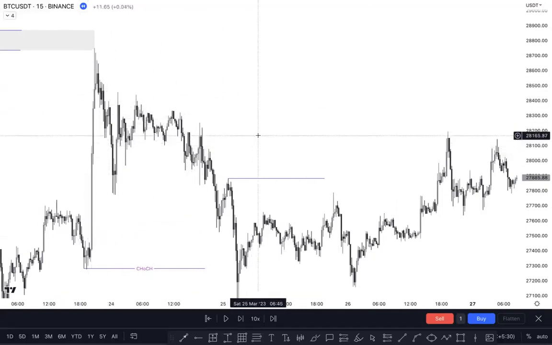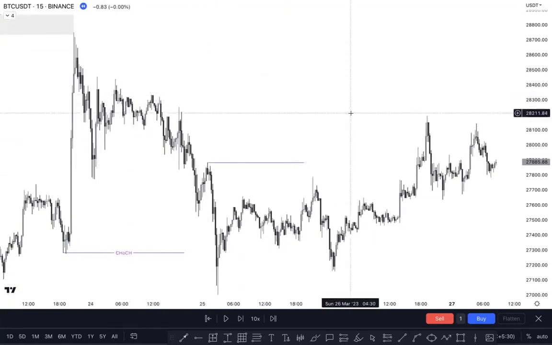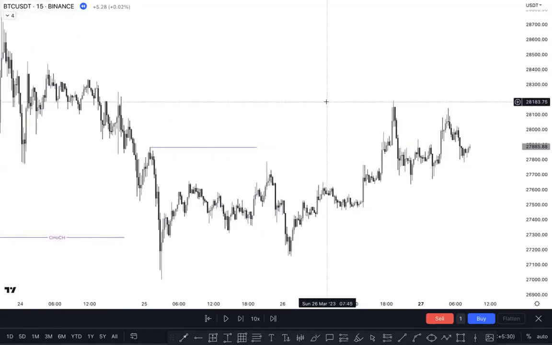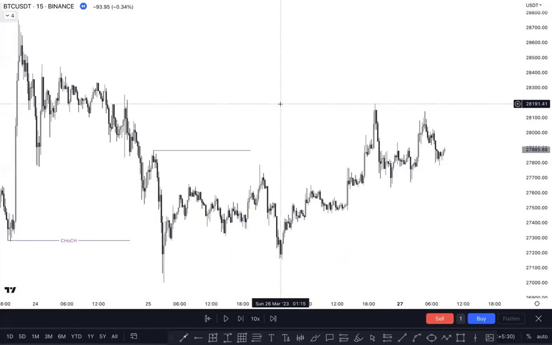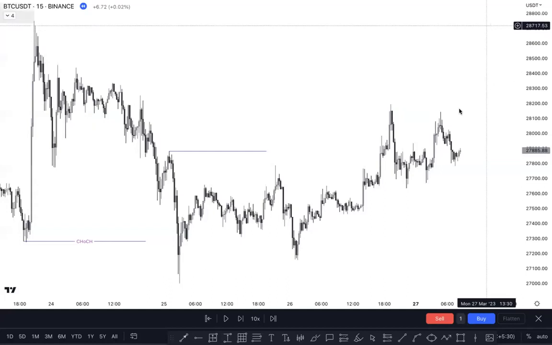Look at this picture here. Everything is mitigated here. In this case, you can see here, there is no unmitigated order block or anything. Everything is mitigated here. So when you are looking here for buy and sell, what are you looking at in the current price action? So everyone annotate here.